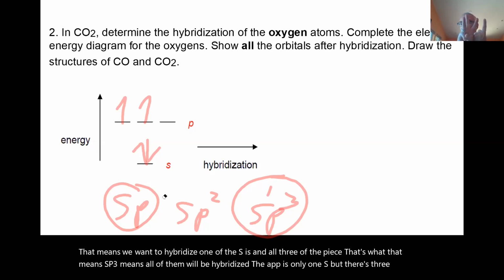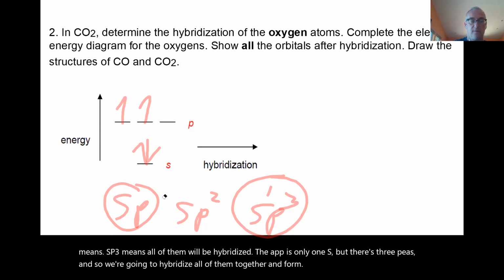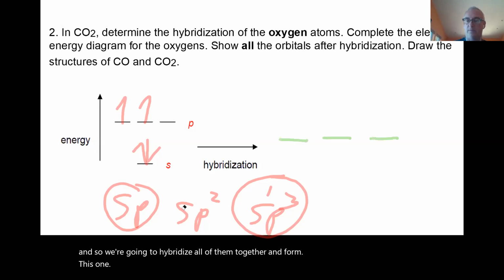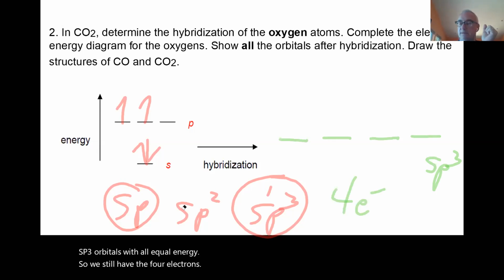And so we're going to hybridize all of them together and form this: 1, 2, 3, 4 sp3 orbitals with all equal energy. Okay? So we still have the 4 electrons to put in. So where did we put them?